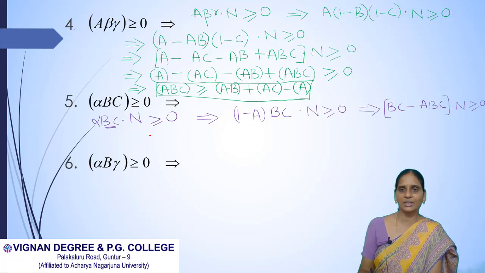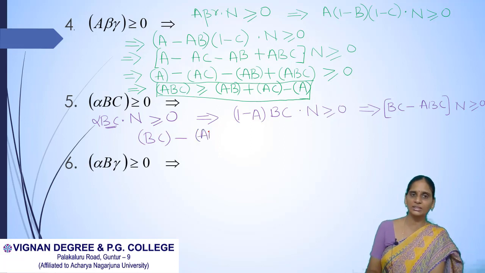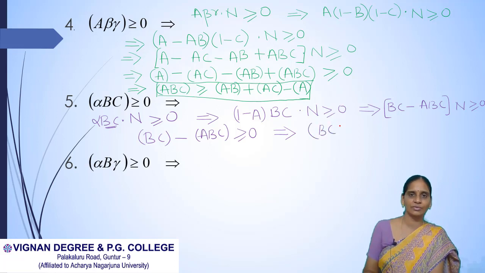So in the next step, BC into N is frequency of BC minus ABC into N means frequency of ABC, which is greater than or equal to 0. And this implies frequency of BC, in the left hand side, minus frequency of ABC shifted to right hand side.